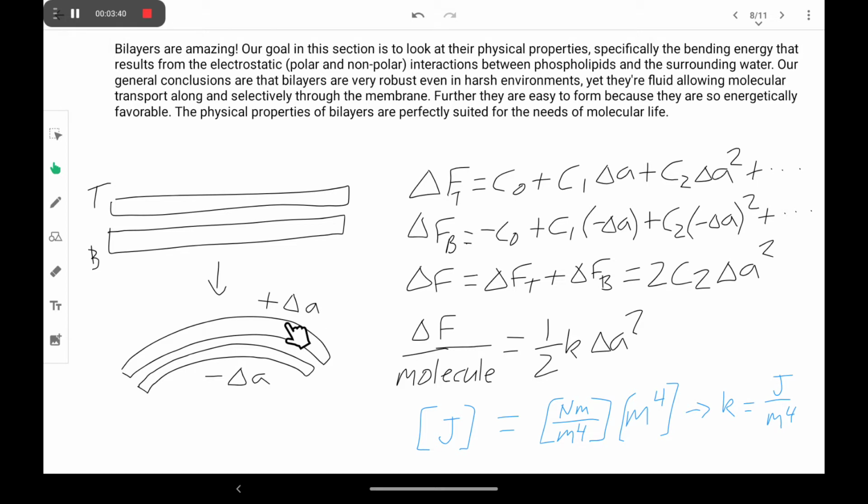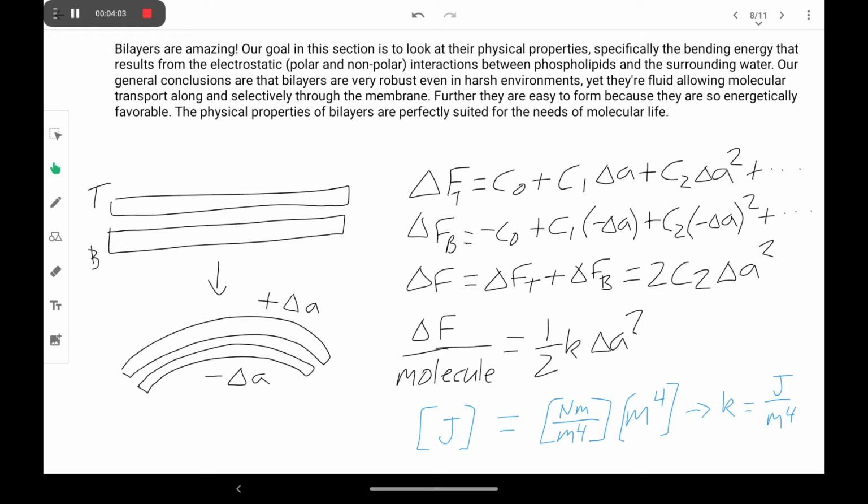Now if we look at a single molecule, then this area change is really small, and when things are small, you can expand in a series. Any function can be expanded in a series of powers: a constant plus a coefficient times the linear term, plus a coefficient times the square term, and so on.